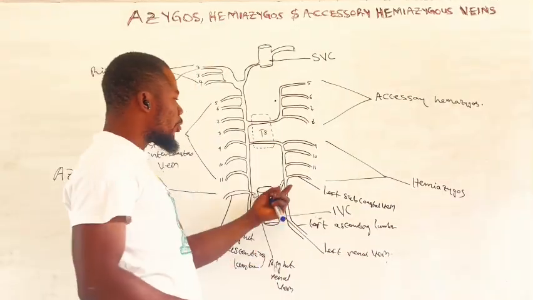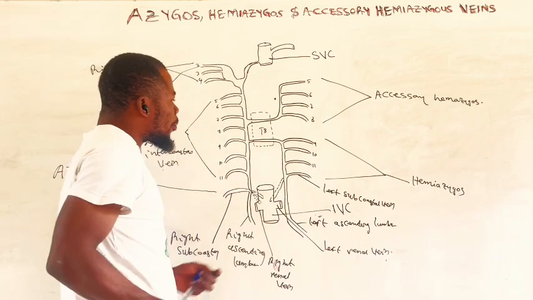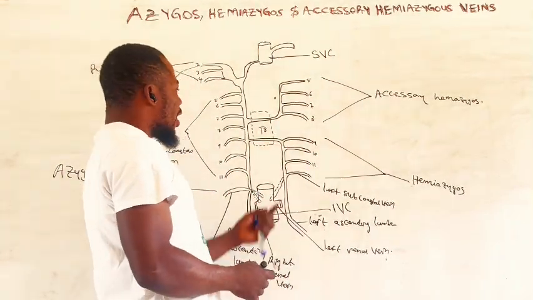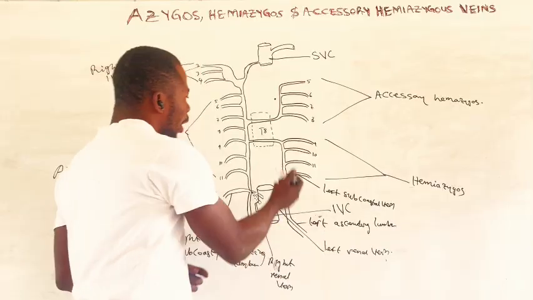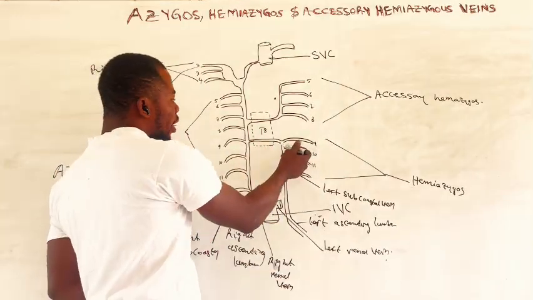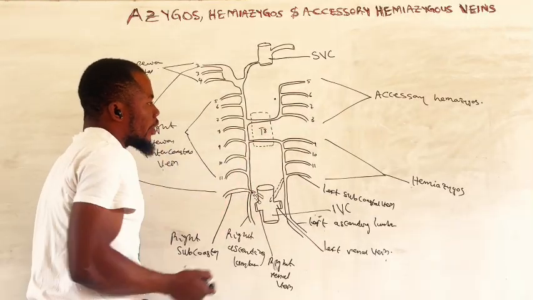It ascends at the left side of the vertebral column up to the level of the T8 thoracic vertebra. At T8, it crosses to the right side and terminates by joining the azygos vein.